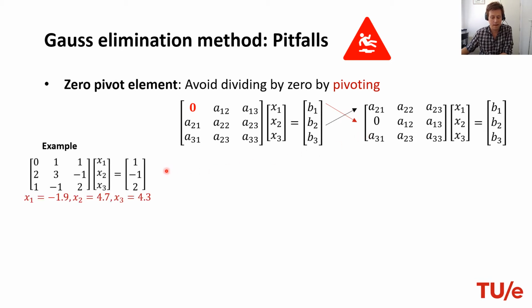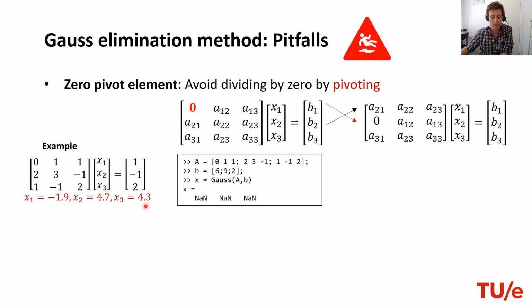Let's take a look at how this would work for this example. We have a matrix here which has a 0 in the first row, first column position. If you solve this by hand or by computer, the actual solution is as follows. However, if we use the algorithm provided in the previous video on this system, the output will be not a numbers only.